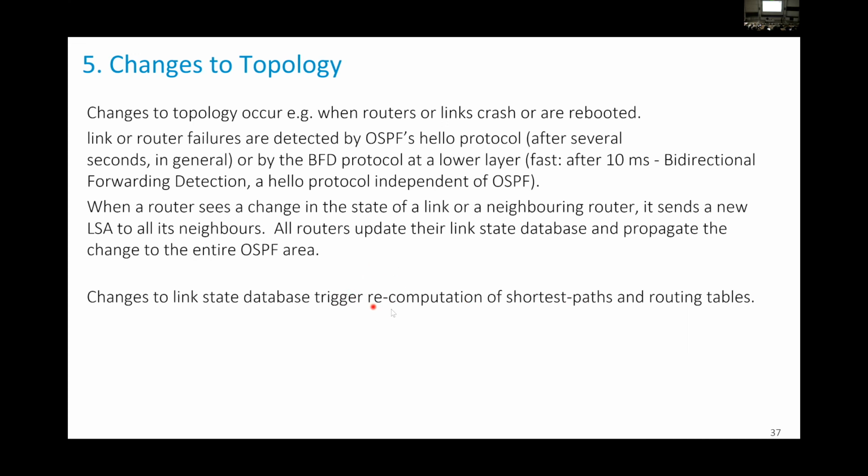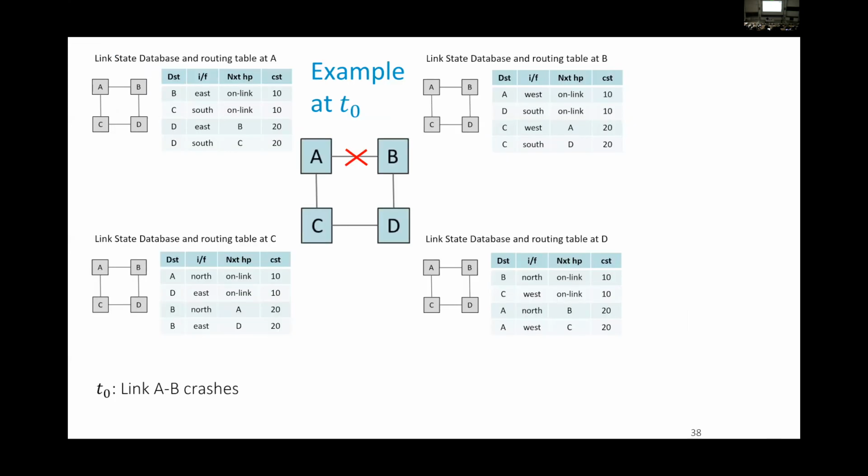Of course, one of the beauties of Dijkstra is that it's possible to compute it incrementally. So if you have analyzed a network and computed all the shortest paths, and you change some local information in the network, it is possible to recompute incrementally. You don't have to rerun the whole of Dijkstra. We will not see that in detail, but that's one of the reasons for having Dijkstra.